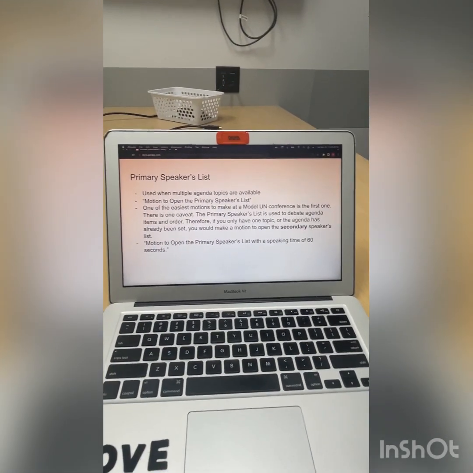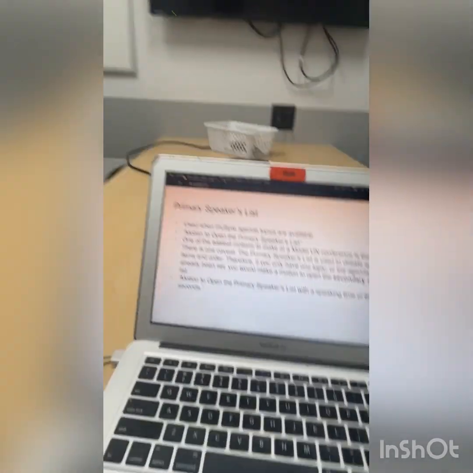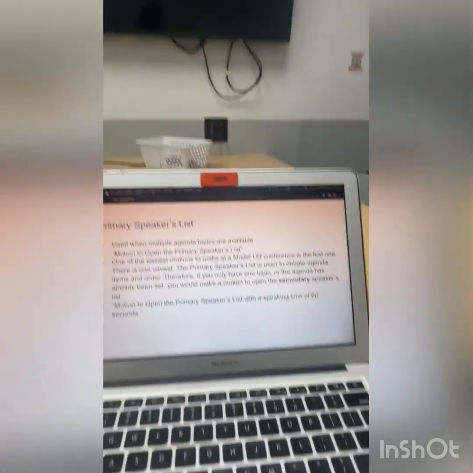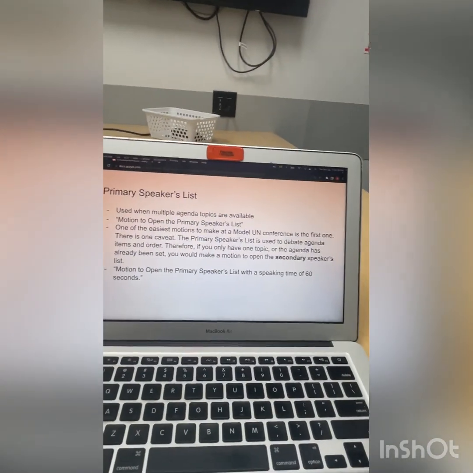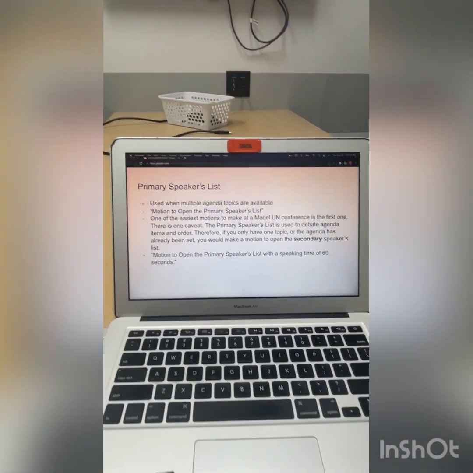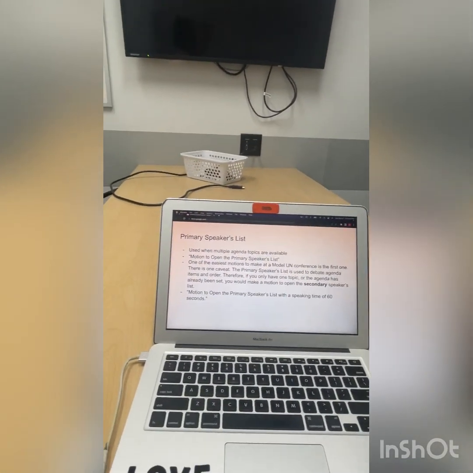The primary speakers list is used when multiple agenda topics are available. Say, for example, you have one on climate change, you have one on weapons, you have one on exploring space. There are so many different topics in your committee, maybe with a bunch of different countries represented.